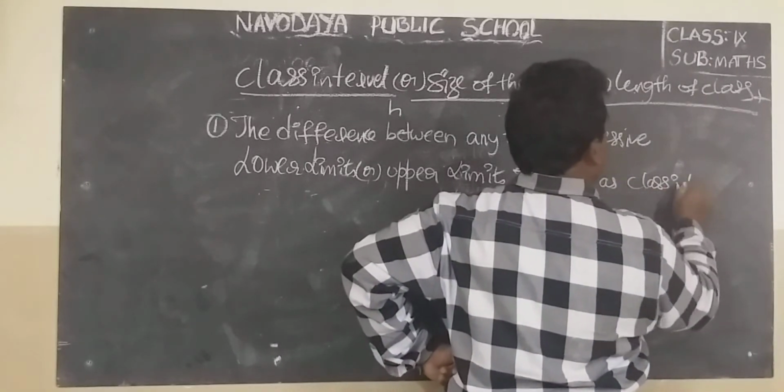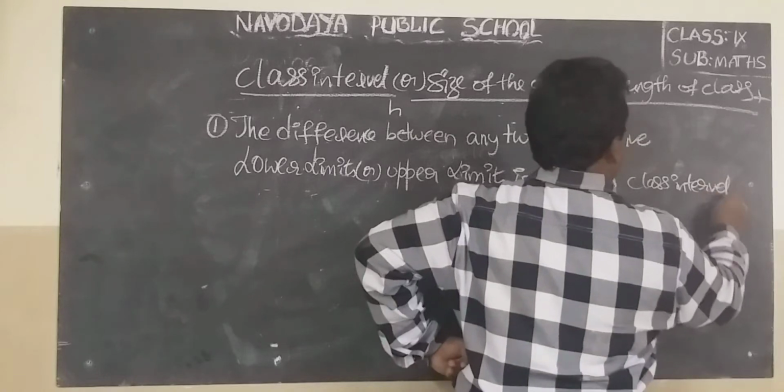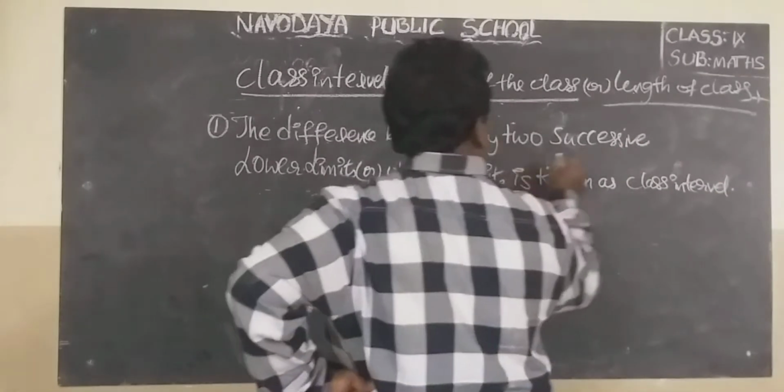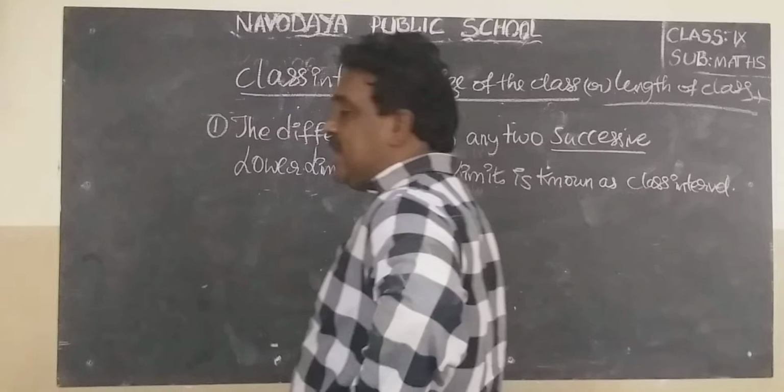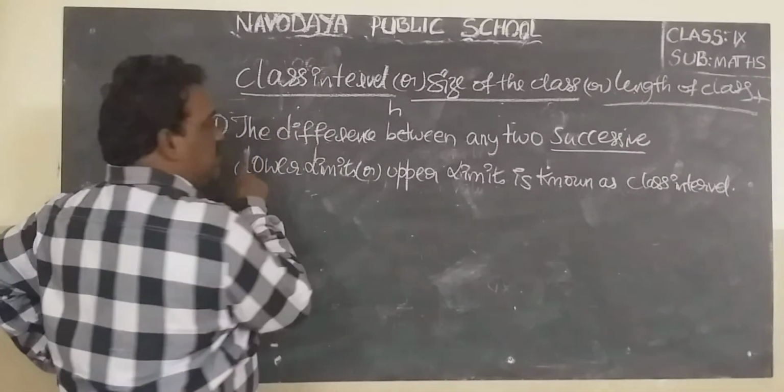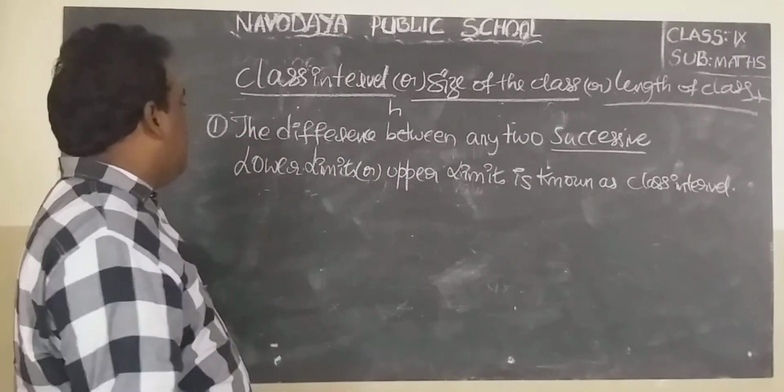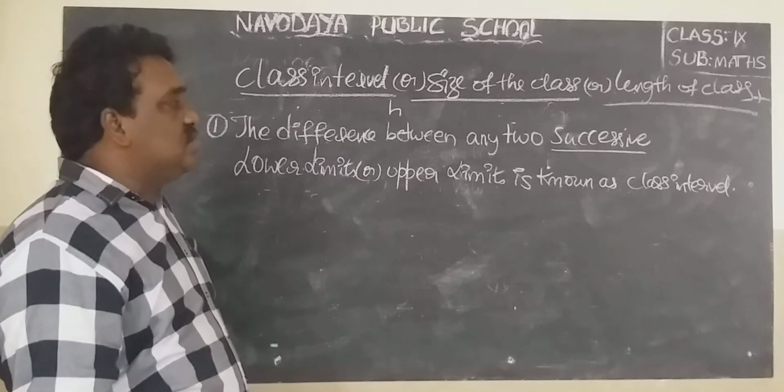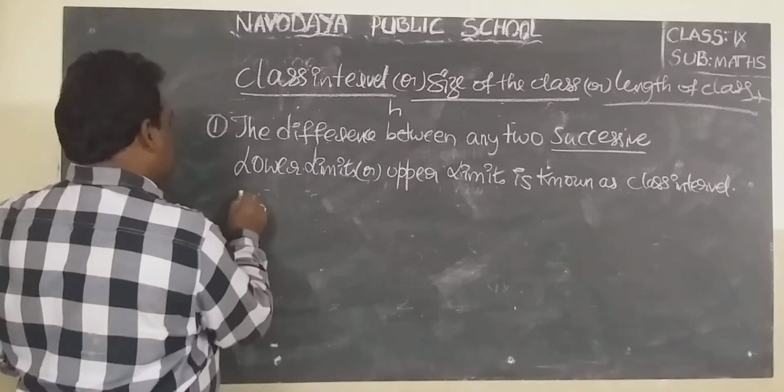Interval means gap. So the difference between any two successive limits, they should be in line. The difference between any two successive lower limits or upper limits is known as class interval.